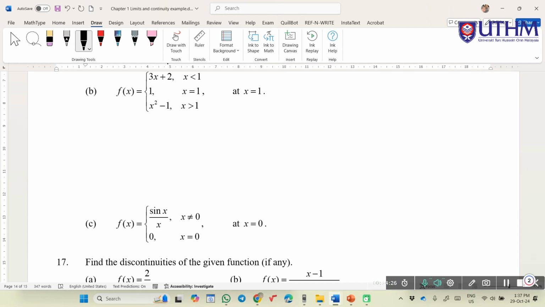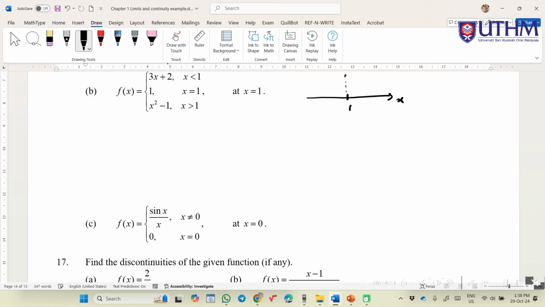I just want to mark the x-axis, with x equal 1 here. When x is less than 1, the function is 3x plus 2.